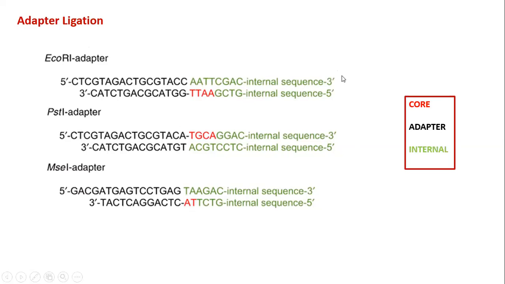In a given sequence here, 3 examples. The core sequence, the red ones, are after restriction digestion. This is the core sequence or the protruding or blunt end coming after digestion of EcoRI, PstI, MseI. And then from that you go upstream, you randomly select some nucleotides and different specific nucleotides.